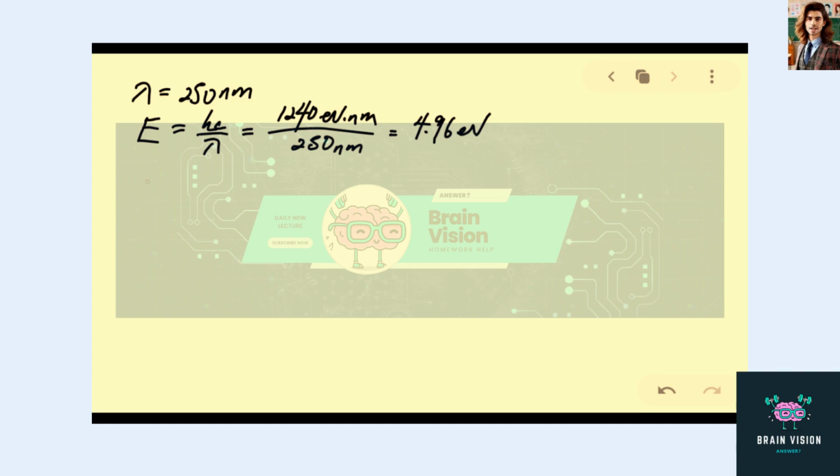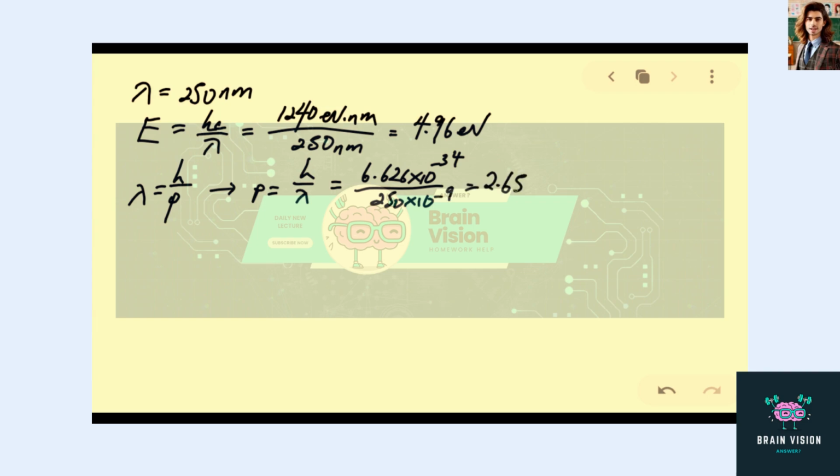For the electron, the wavelength tells us what the momentum is. It is about 2.65 times 10 to the power minus 27. From this we can calculate the energy, which is just p squared over 2m.